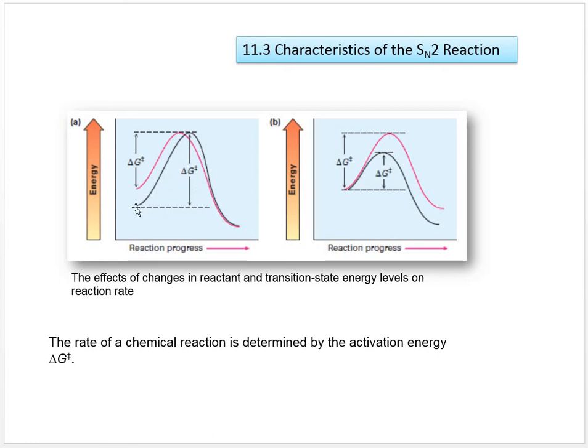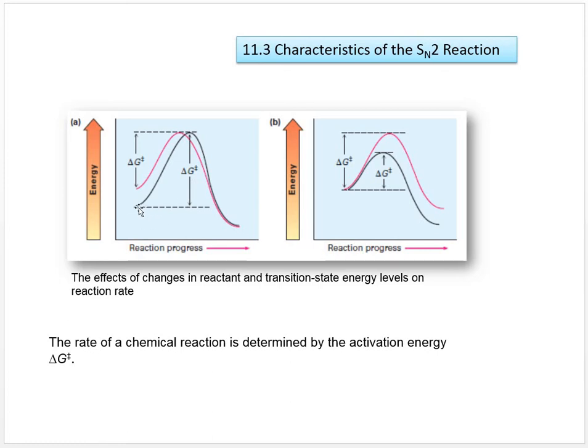So let's say that we change reaction conditions and the reactants have higher energy. So what's going to happen, since they will have the same transition state energy, the reaction will be faster. Or let's ask this question: how can we make a reaction faster?